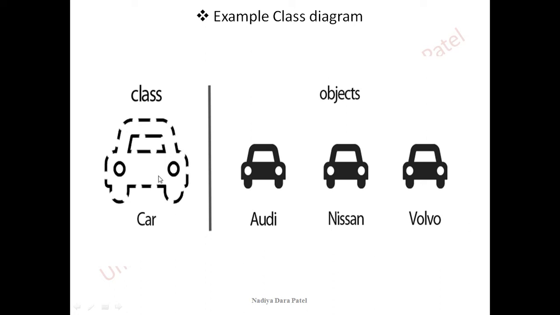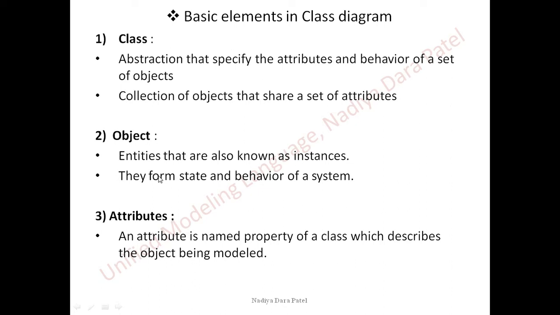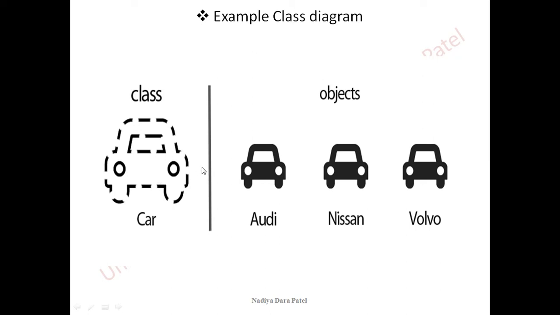Now if you want to apply these definitions to our example in a more precise way, speaking in simple terms, all the 3 objects are a type of car, but Audi has something which is different compared to Nissan and Volvo. Volvo can have something which is common to Nissan and Audi, and at the same time can have something which is different from Audi and Nissan, and the same goes for Nissan.